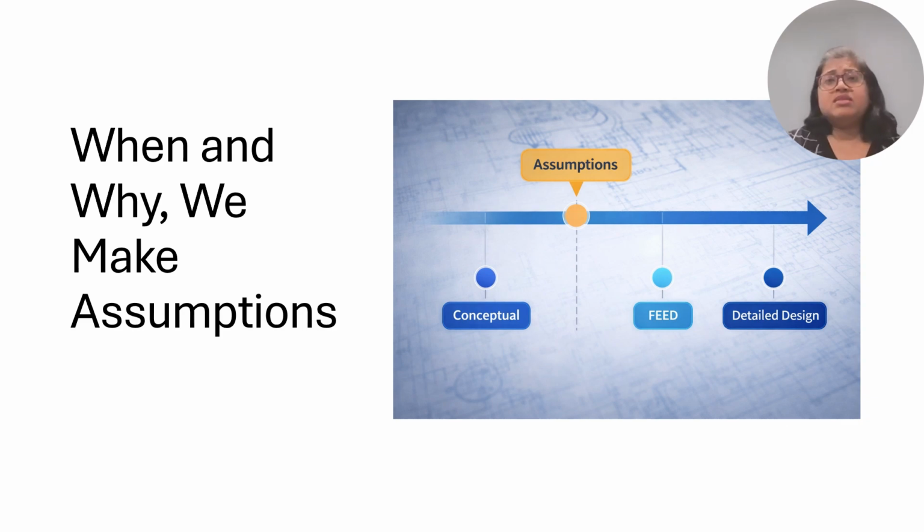For instance, in the early stages, you might assume a standard flange rating of 150 for a particular line, if the exact design pressure has not been finalized but is expected to be well within that rating.